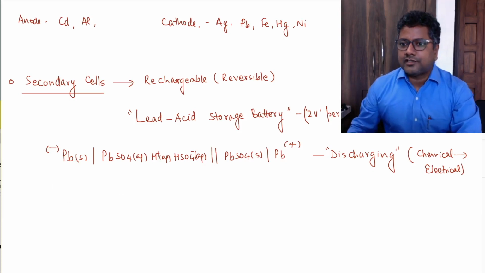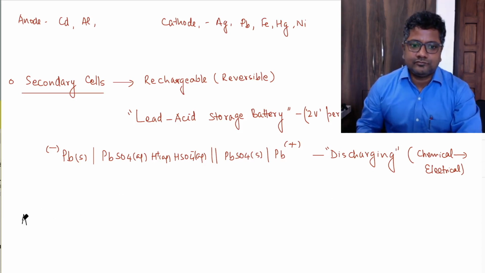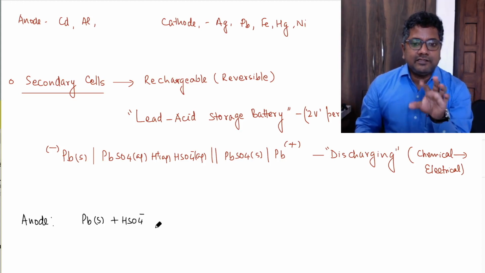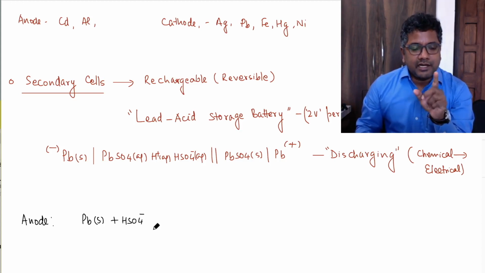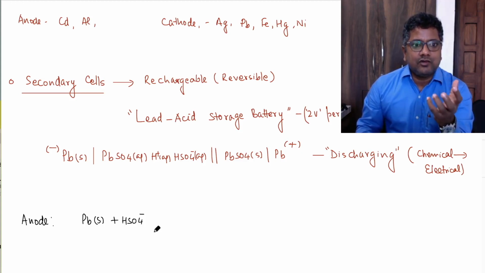See, anode reaction: Pb solid plus HSO4 minus. Remember, this HSO4 minus will work because in this case the density of H2SO4 is very important. If density is less than some threshold value, your cell working will be affected and voltage accordingly will be affected.